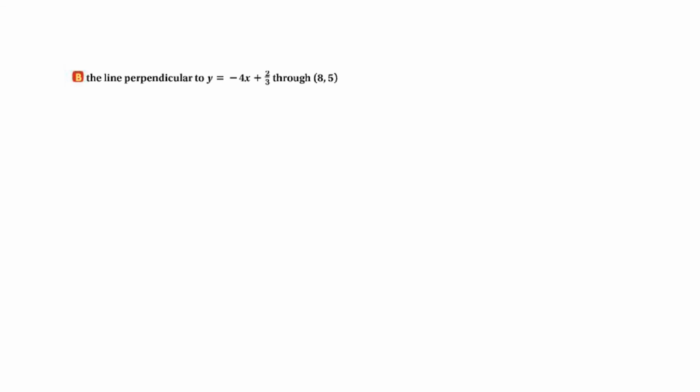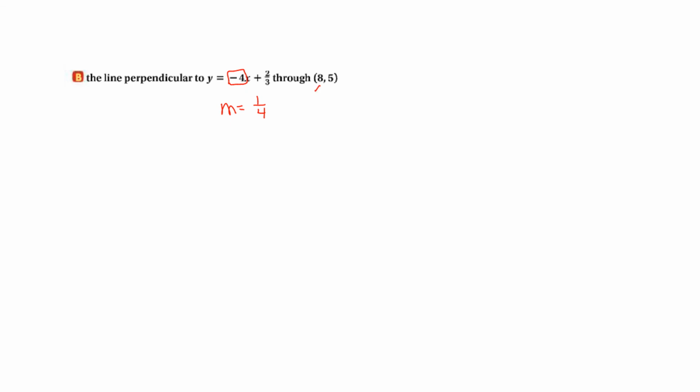And now we'll find the equation of a line that's perpendicular to y equals negative 4x plus 2/3 and goes through the point (8, 5). My slope here is negative 4, so its negative reciprocal would be positive 1 over 4. Take the reciprocal and take the opposite sign.